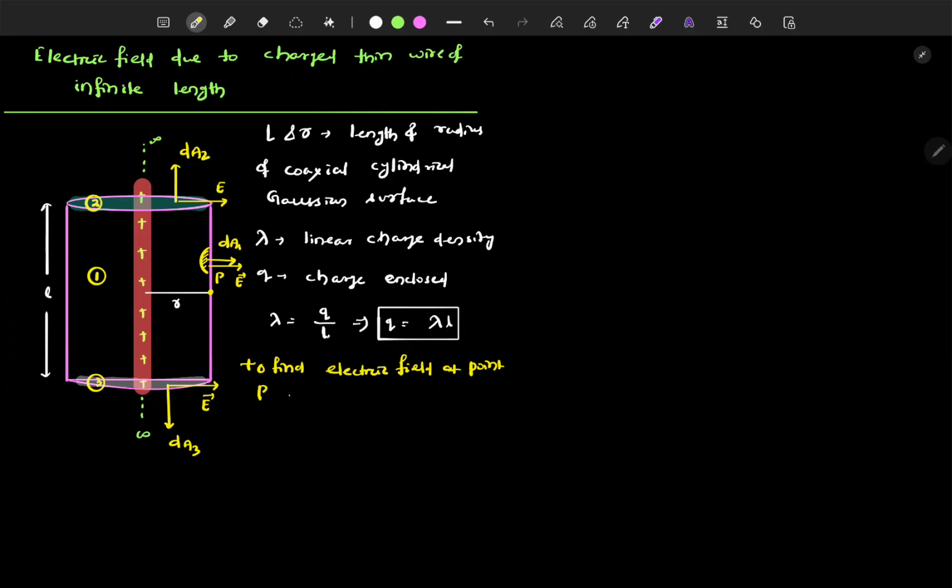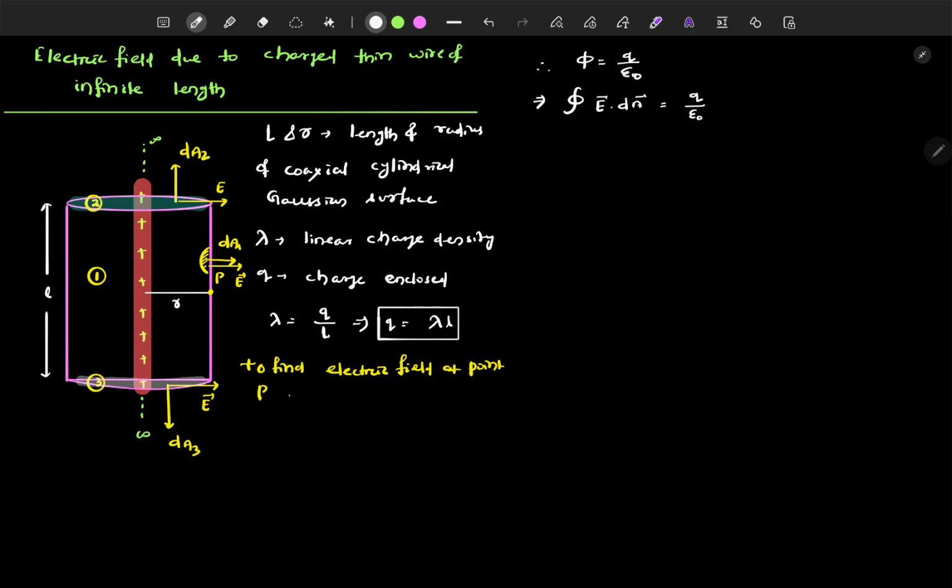Okay. So as per Gauss theorem, we know total flux phi is equal to Q by epsilon naught, and instead of phi we can write closed integral E vector dot dA vector equal to Q enclosed by epsilon naught.